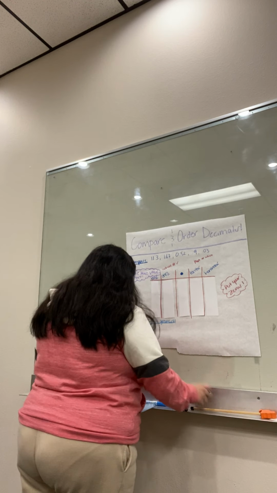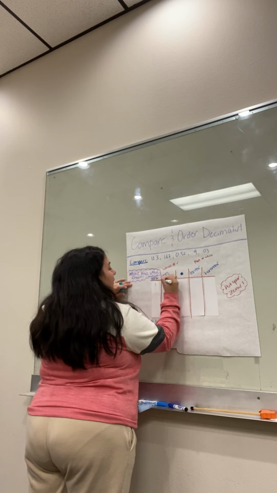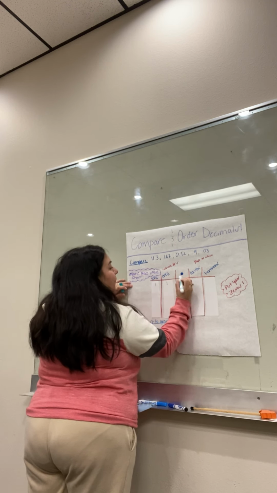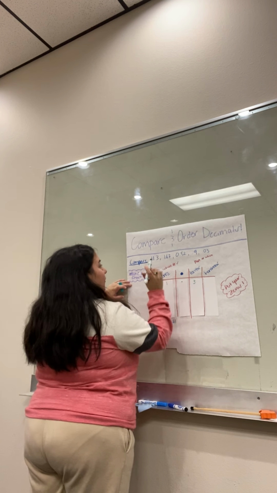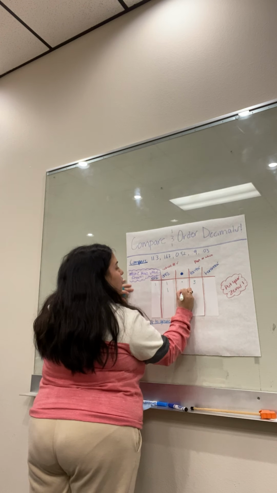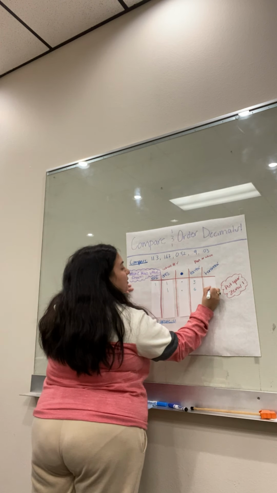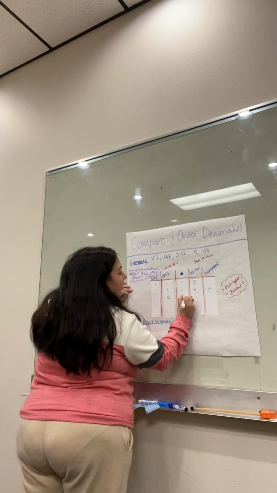So we're going to write these numbers out. We have 11.3. We have 1.67. 0.